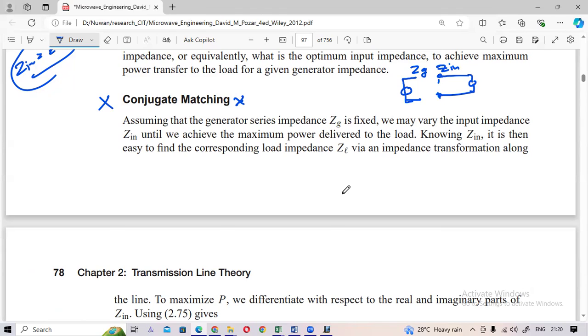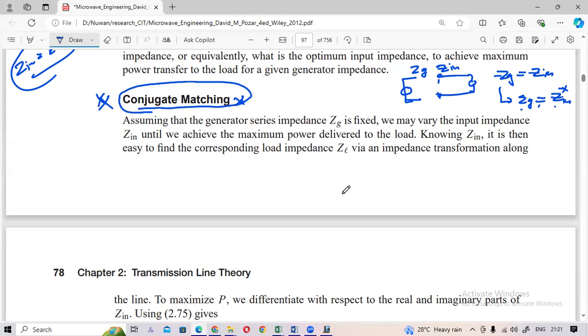Now you are not going to map this Zg to Z in. You are going to map Zg to Z in conjugate. Zg is going to equal Z in conjugate.